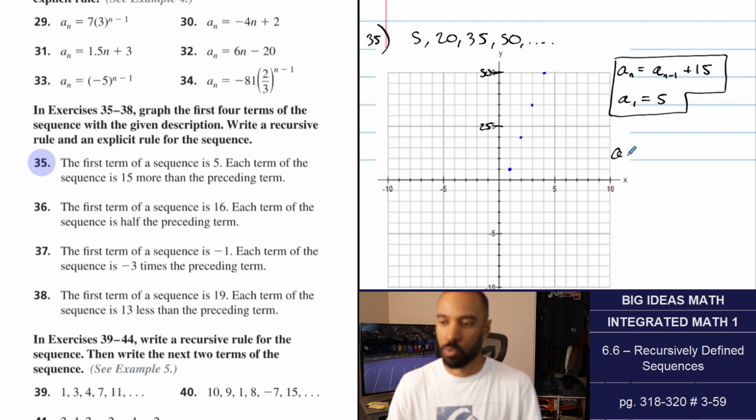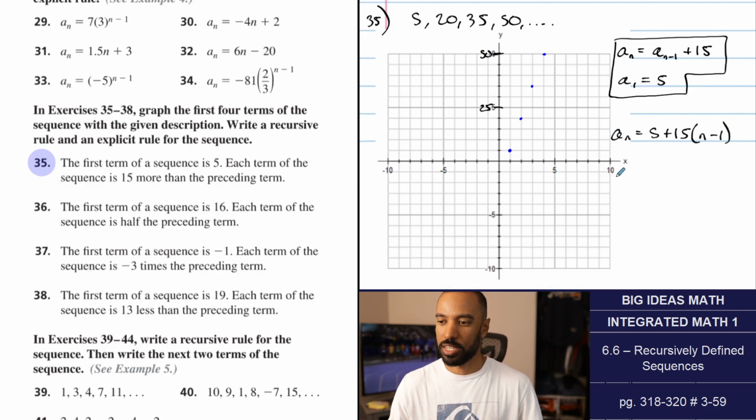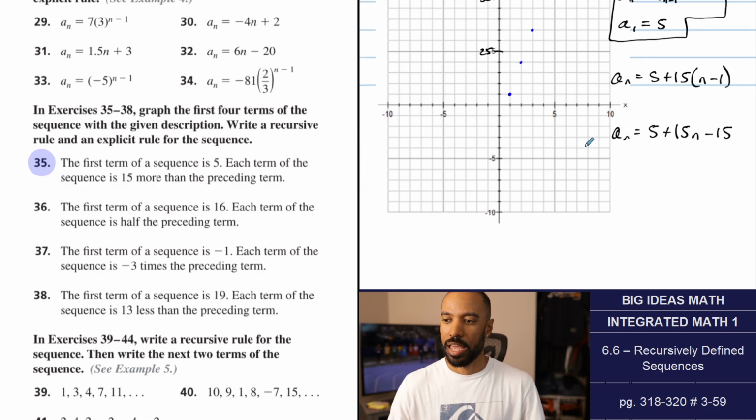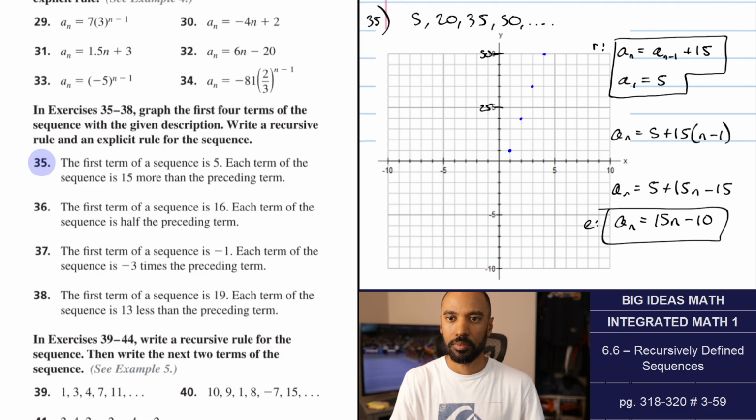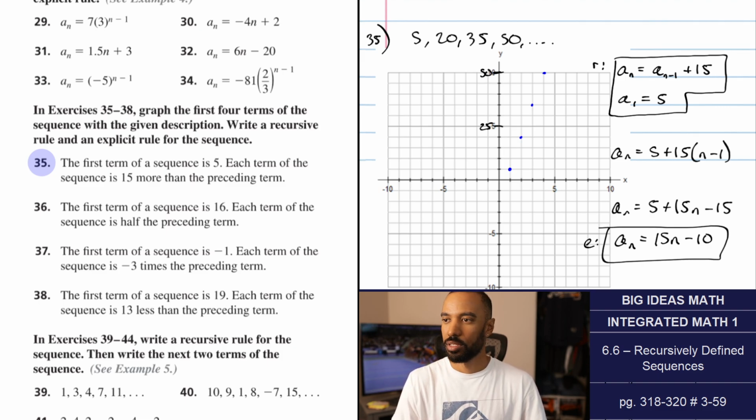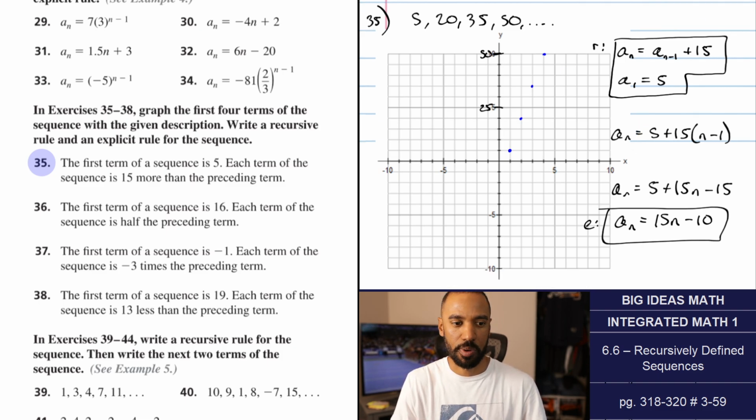The explicit rule, you take the first term and add 15 n minus 1 times. We distribute the 15 into there. Otherwise, that answer is fine. And now you have 15n minus 10. So here's our recursive rule and our explicit rule for those two. A lot to do on those problems, but I'll kind of try and streamline them as much as possible.